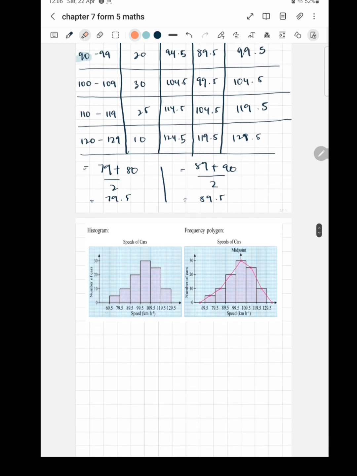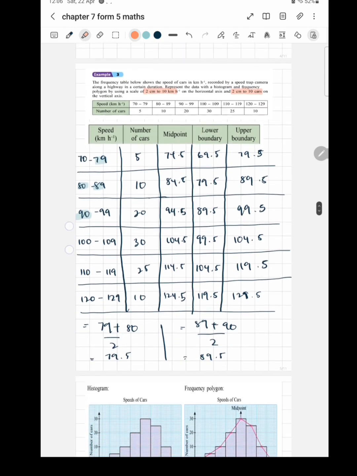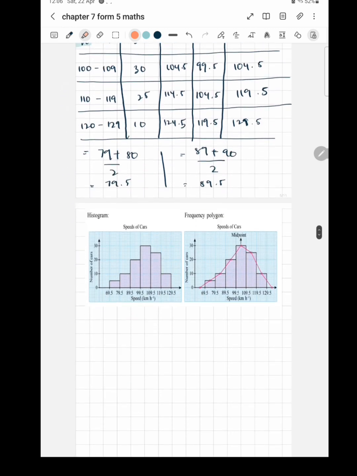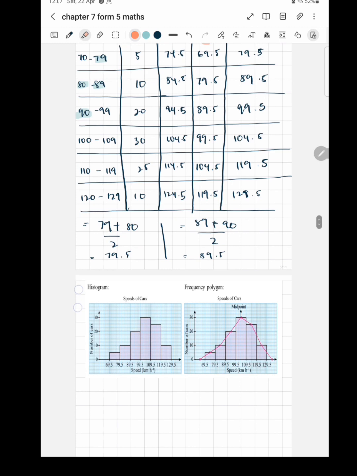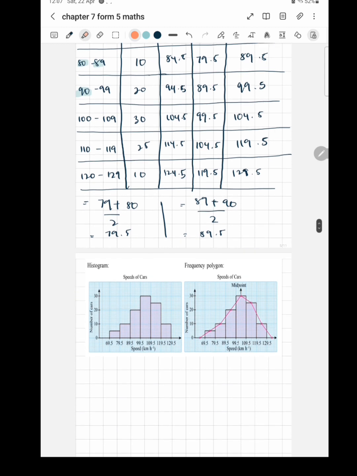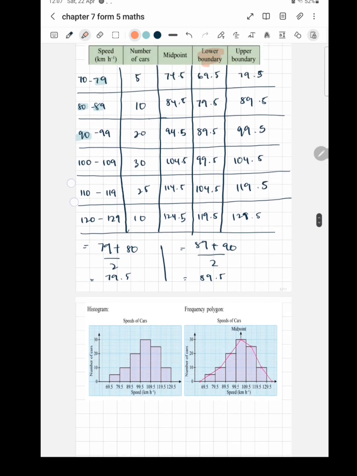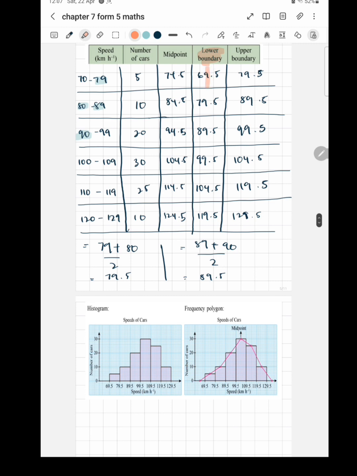For the horizontal axis, we just follow the lower boundary. As you can see, it starts from 69.5 and ends with 129.5.